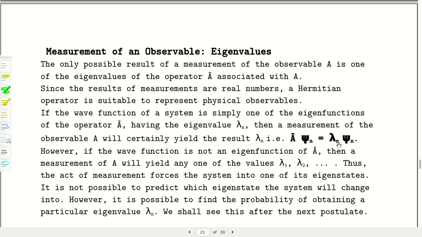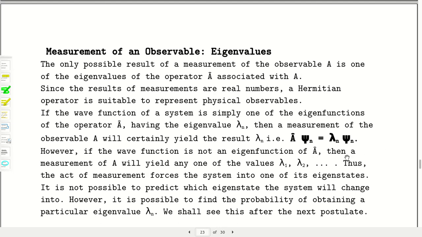That multiplicative constant lambda n will be the eigenvalue corresponding to that particular eigenstate psi n. So lambda n is an experimental value, and it is called eigenvalue because it appears in the eigenvalue equation.